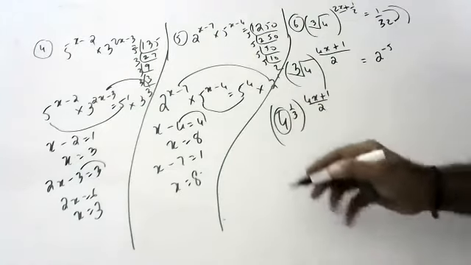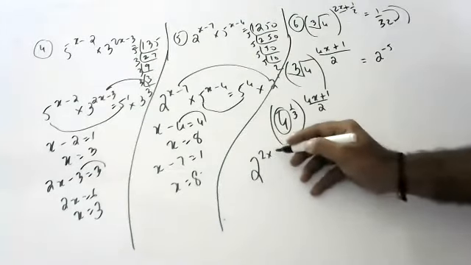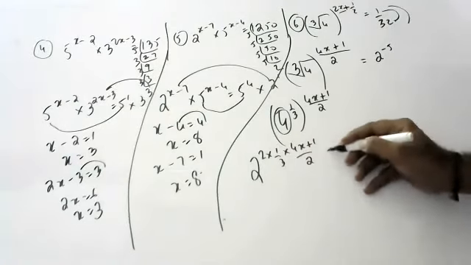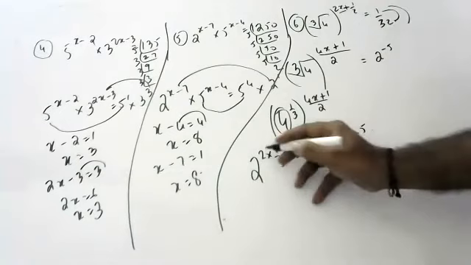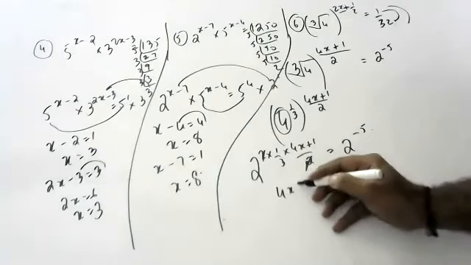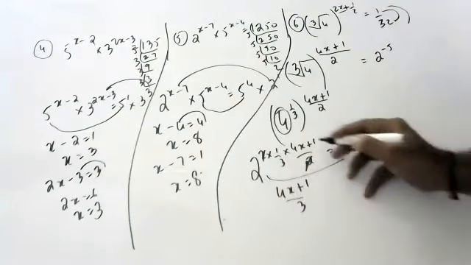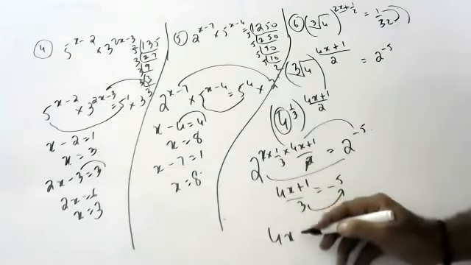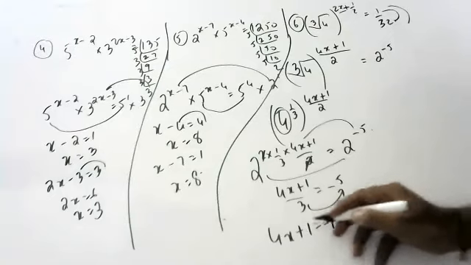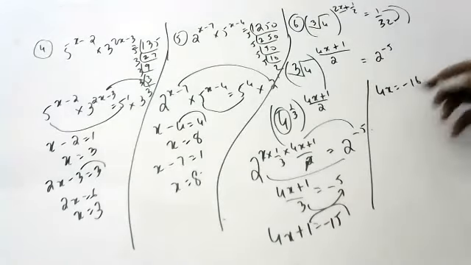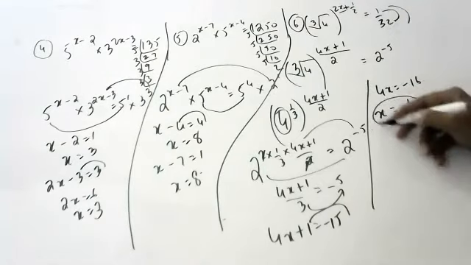What is 4? 2 square. 2 square into 1 by 3 into 4x plus 1 by 2 is equal to 2 to the power of minus 5. This 2 cancels. So 5x by 3 to the power of 5, 4x plus 1 by 3. When bases are the same, powers can be compared. Is equal to minus 5. 4x plus 1 is equal to minus 15. 4x is equal to minus 16. x is equal to minus 4.